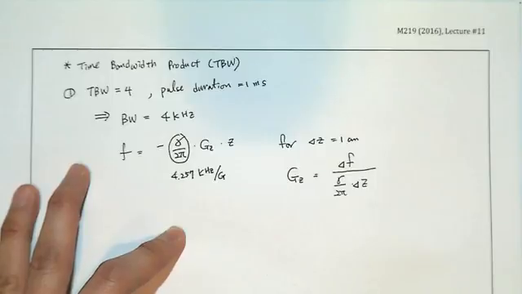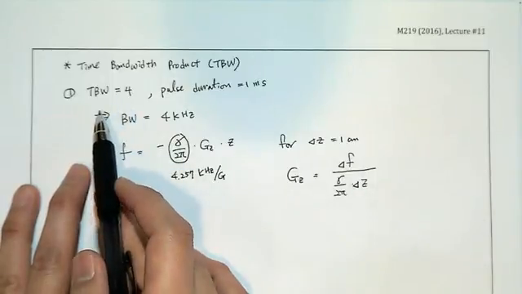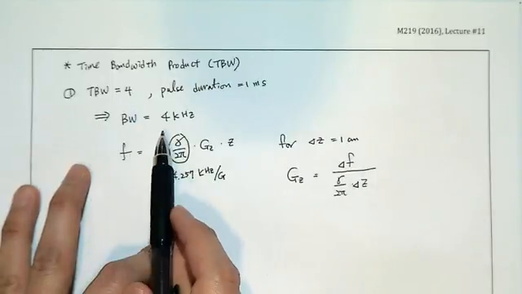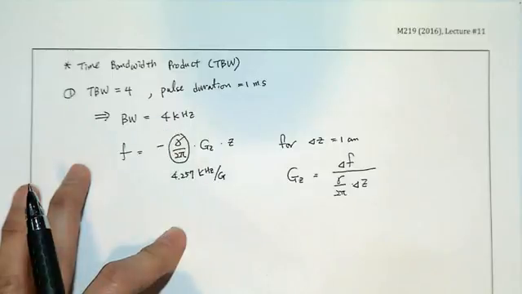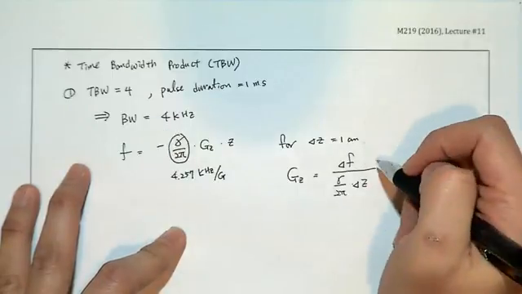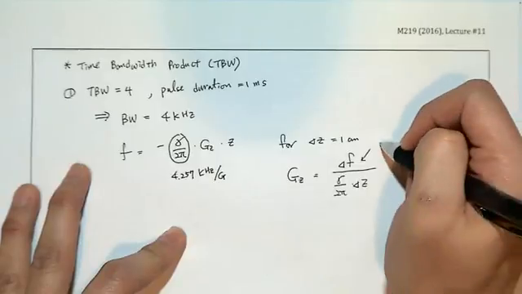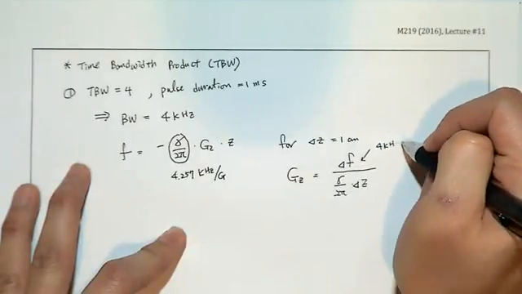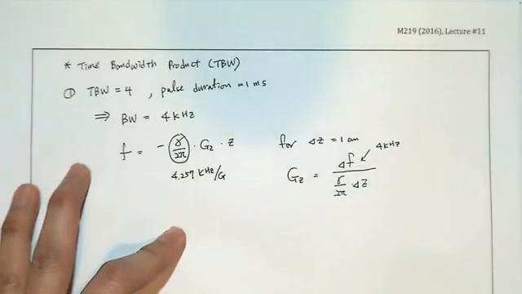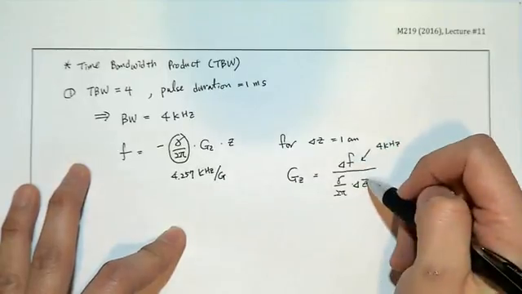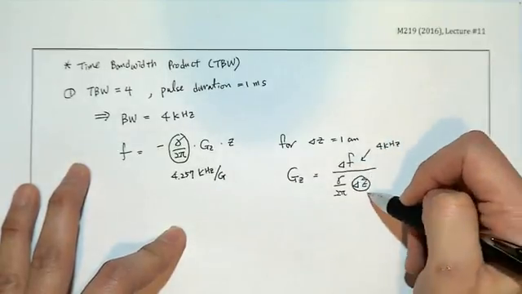So for a given time bandwidth product of 4, the bandwidth should be 4 kilohertz. So that number should be 4 kilohertz, and we want to have delta z to be 1 centimeter.